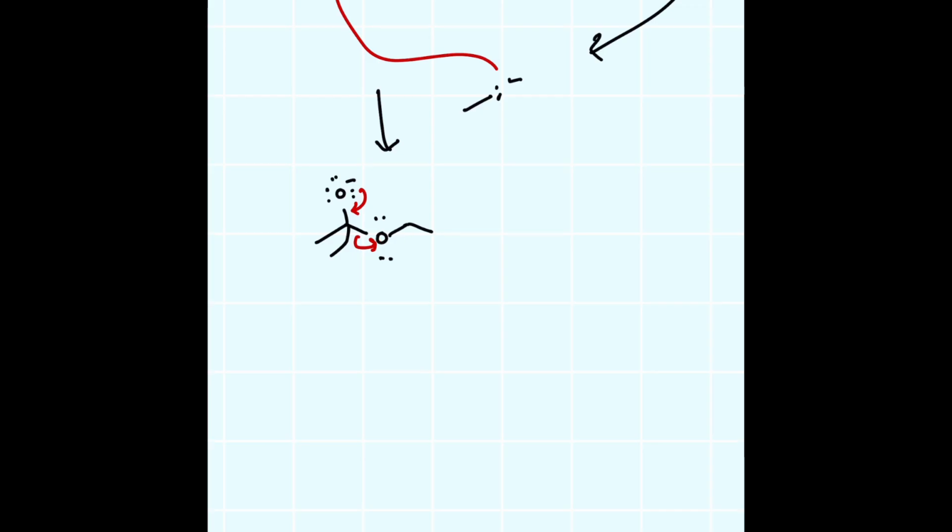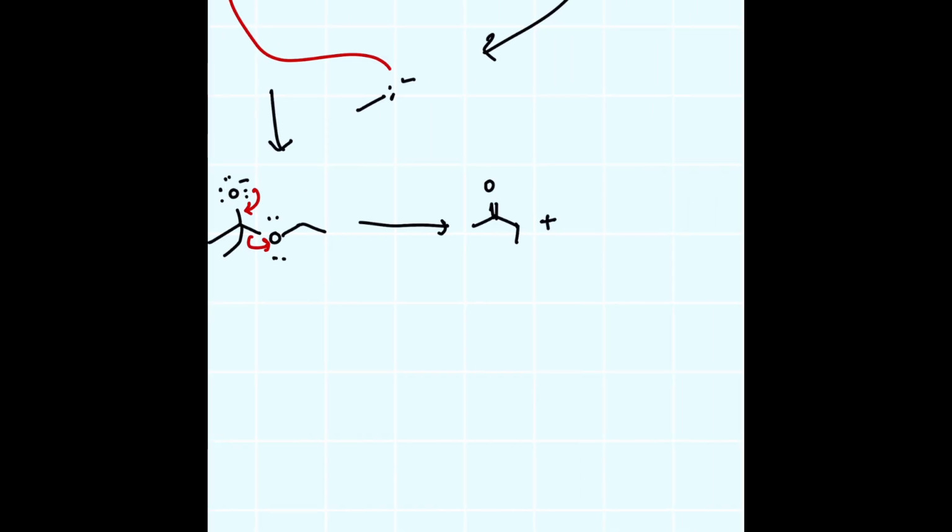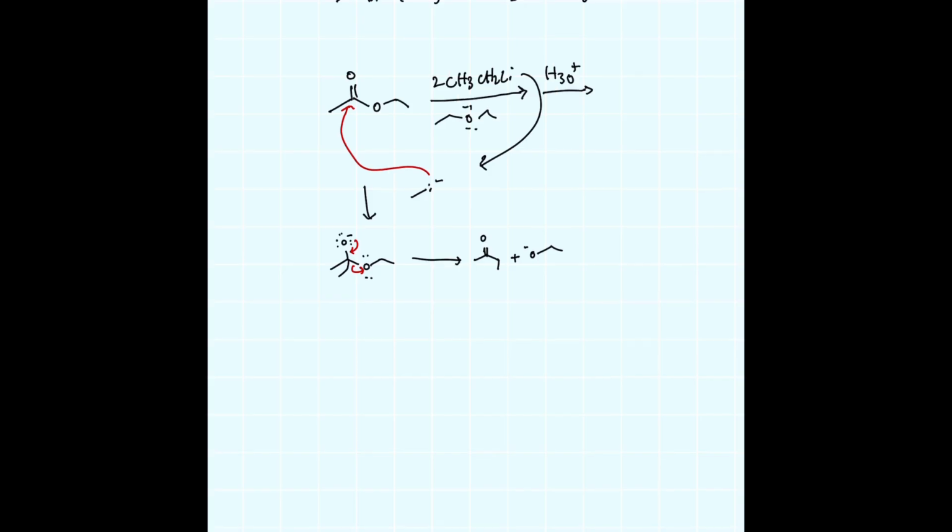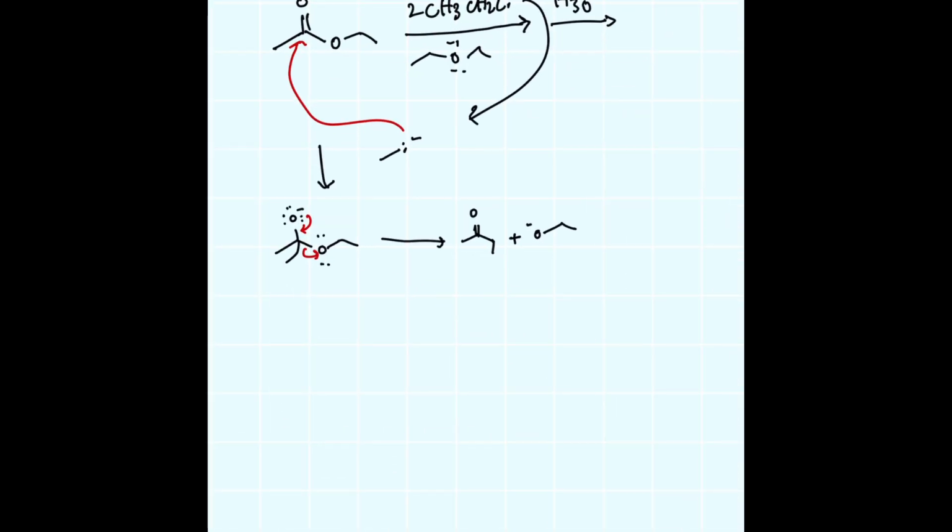So what we're going to end up having is, I'm going to redraw this, another ketone with no minus, and if you guys see, we have acid in our reaction mixture, so I'm just going to write an OH here.